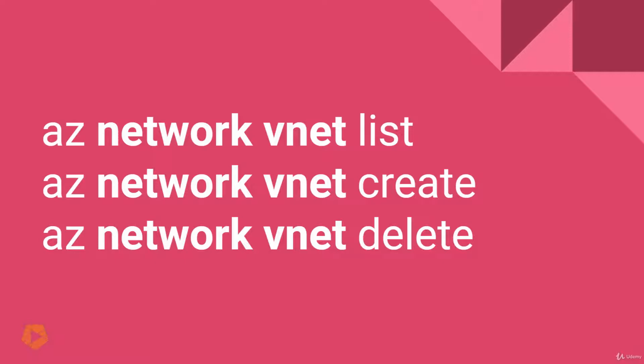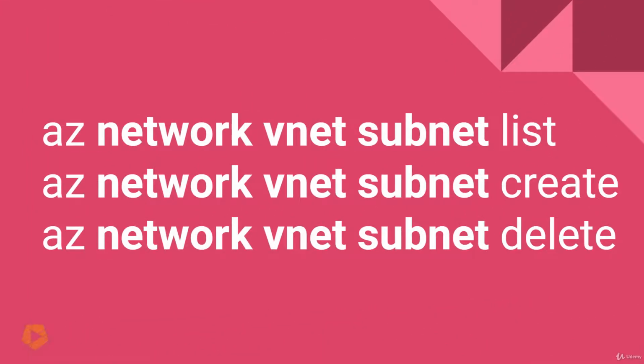So you can see there's actually two words, AZ network VNet list, and that's how you list all the virtual networks on your account. And it gets more complicated than that if you want to talk about subnets. Subnets are subcomponents of VNets, and VNets are a subcomponent of the network. And so AZ network VNet subnet list will list you all of the subnets.